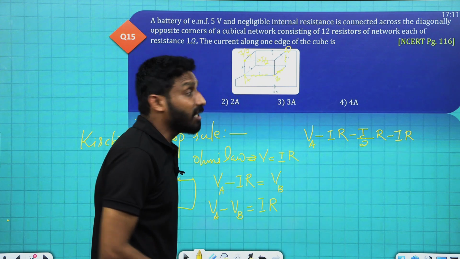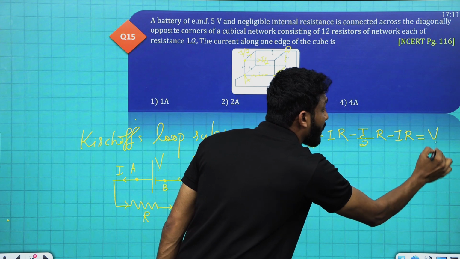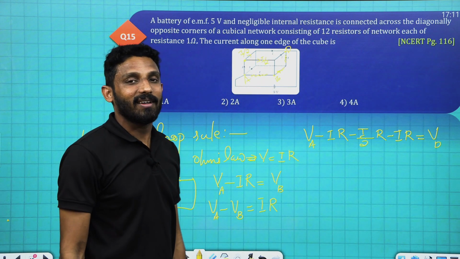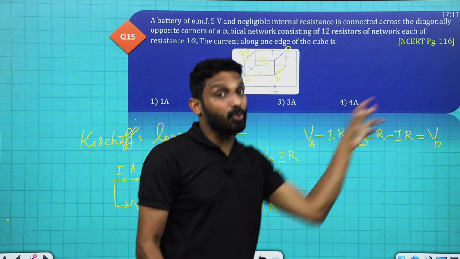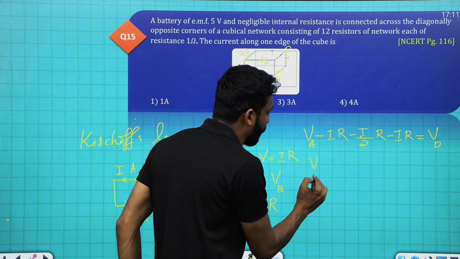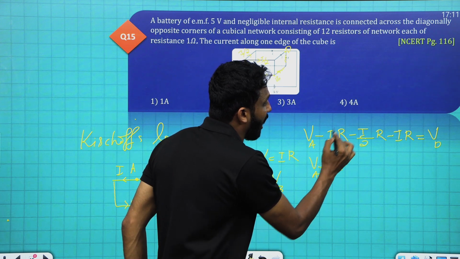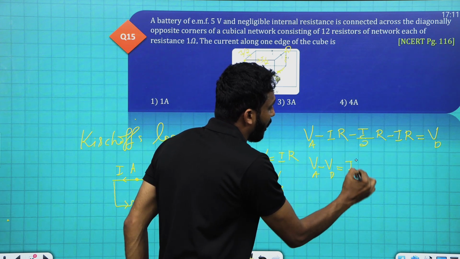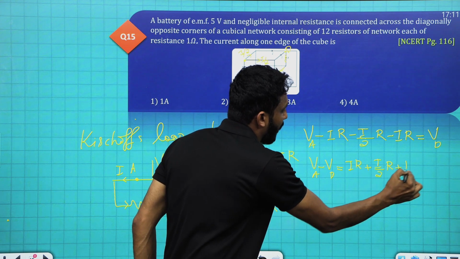We reached up to the point D, and that is equal to the potential at D. Clear? Now VD to this side and all these terms to that side, we get VA minus VD is equal to IR plus IR plus I by 2 R plus IR.